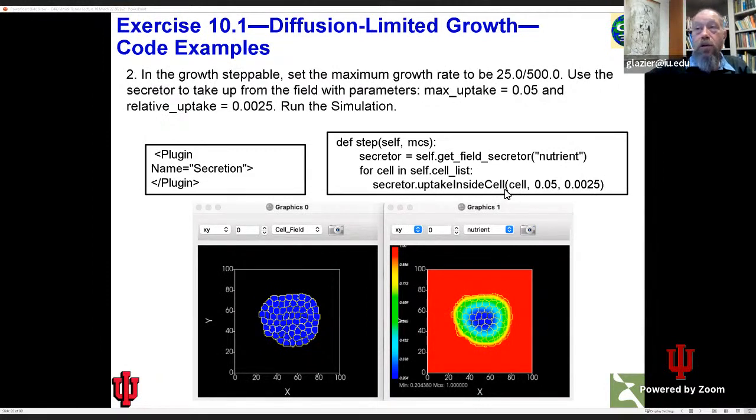I really should have had total count here, not just uptake. And in this case, for the particular values I defined, there was a big difference in concentration across the cell, and the penetration depth of the field was about 2 cell diameters, 2.5 cell diameters for these particular parameters.